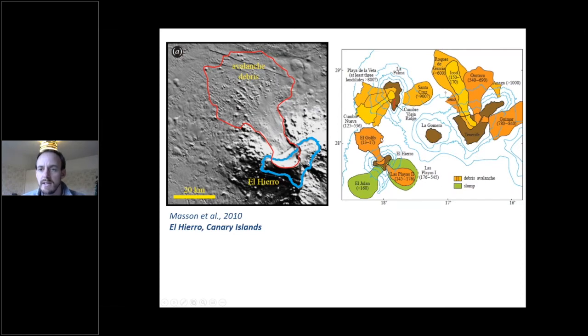And if we look around the other Canary Islands, you can see that there are many more of these deposits. Although these are infrequent events, they are an important part of the shaping of these islands, and very significant in terms of the transport of volcaniclastic material into the surrounding seafloor.